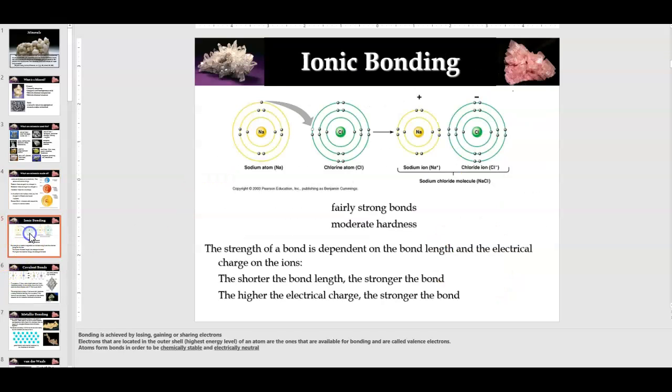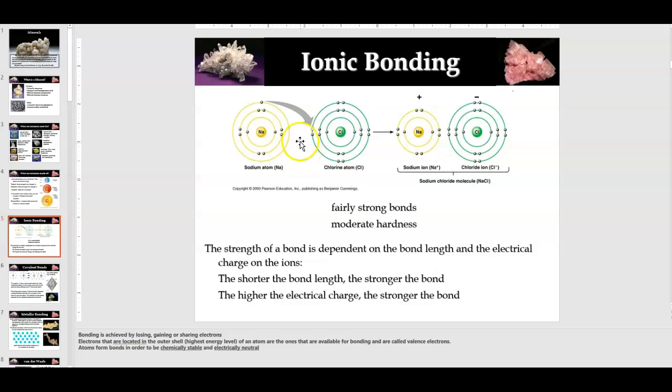So, for example, in ionic bonds, what happens is there's one more electron needed in the outer shell of chlorine, whereas sodium has one leftover electron in its outer shell. So by combining, they're attracted to one another, because the chlorine wants that extra electron, and sodium wants that outer shell to be filled.